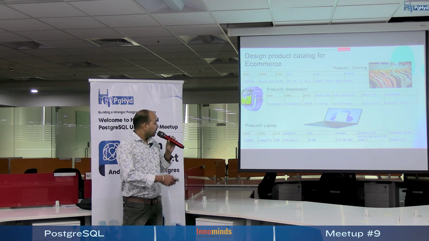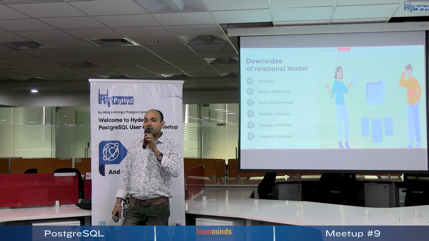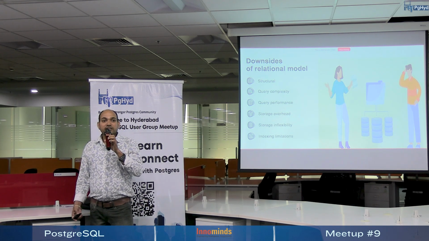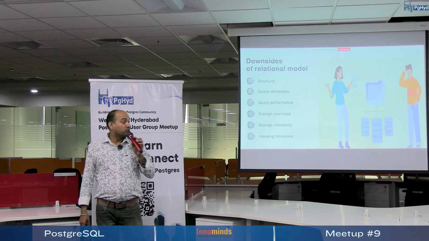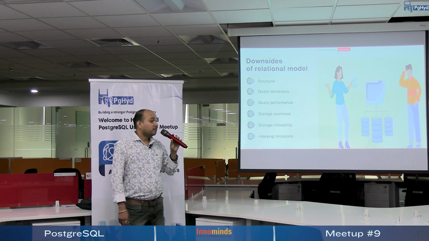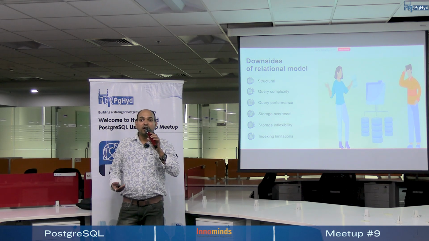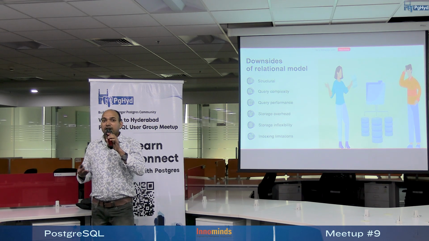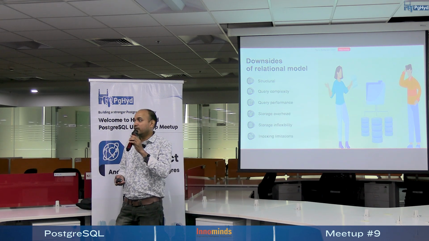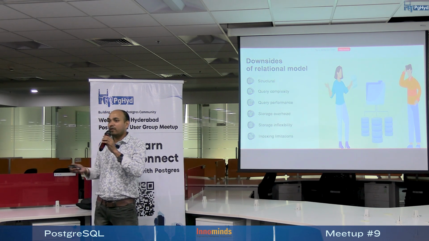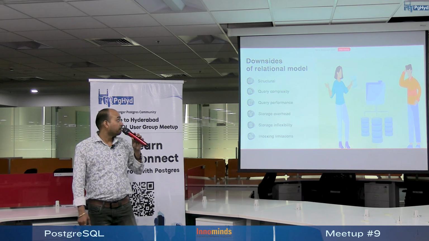So with that, let's see what the downsides or weaknesses are with respect to the use case that I just talked about. The first weakness is structural, which means that it is more of a table format where the table columns have to be predefined. It cannot be a NoSQL data type where the columns can change dynamically.